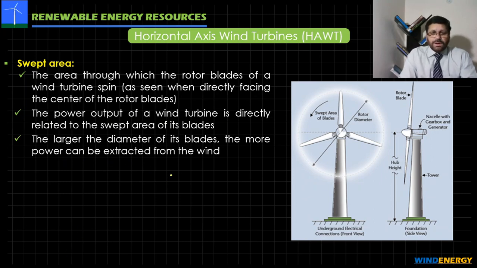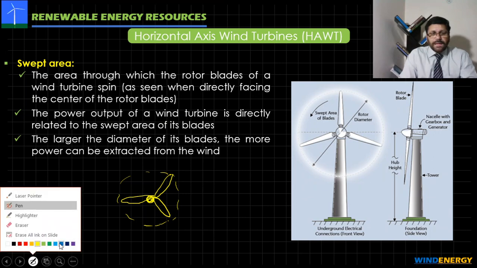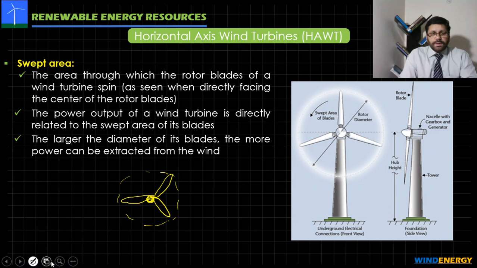Let's say we think again of a 3 blade wind turbine. Now let's say this is the center. From the center, the length of each blade is the same.